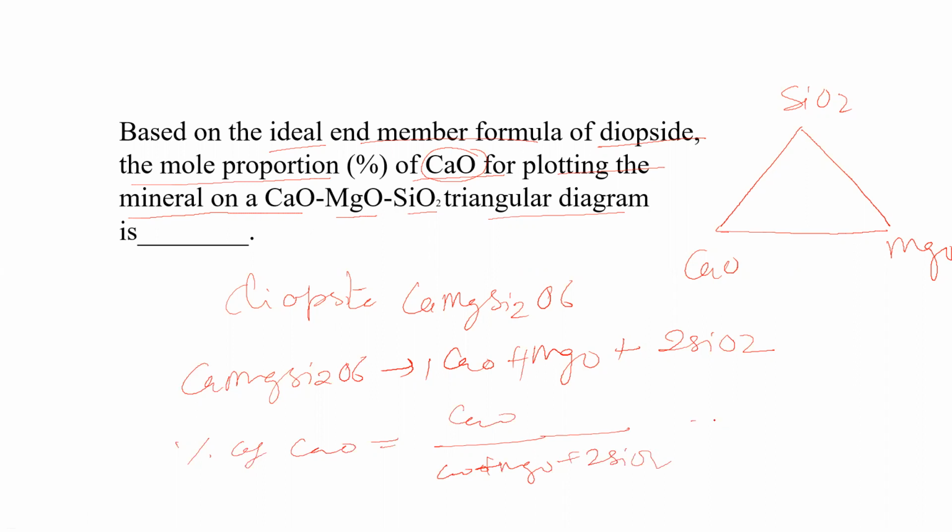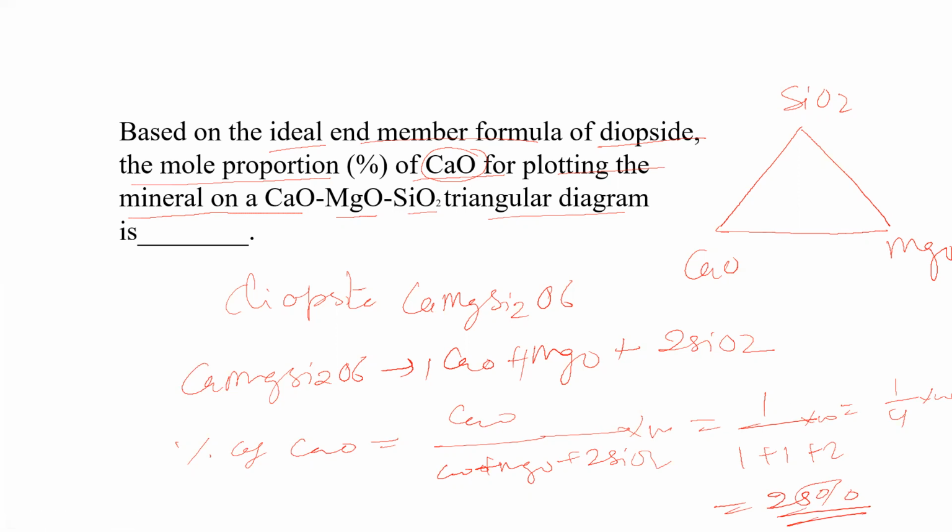So mole percentage is given. CaO is 1, divided by 1 plus 1 plus 2. So 1 by 4 multiplied by 100, which becomes 25%. So this is the answer.